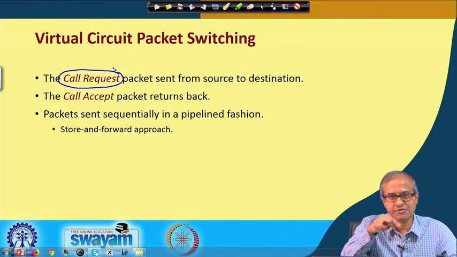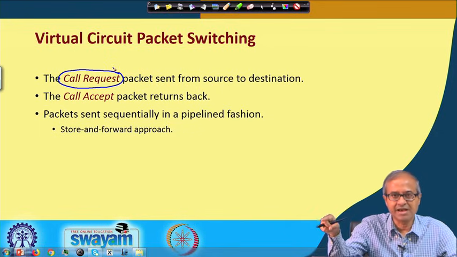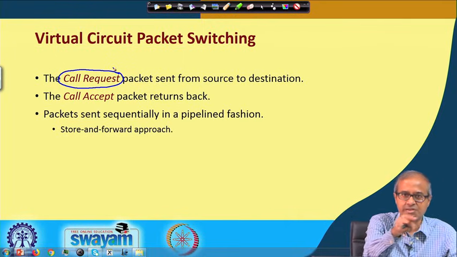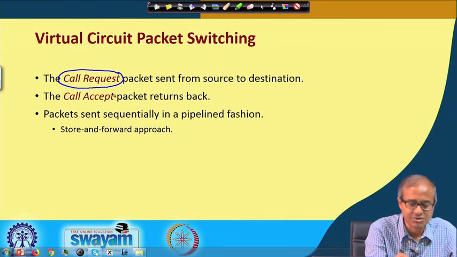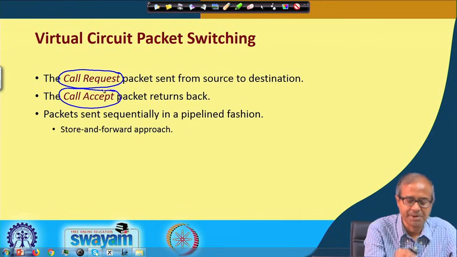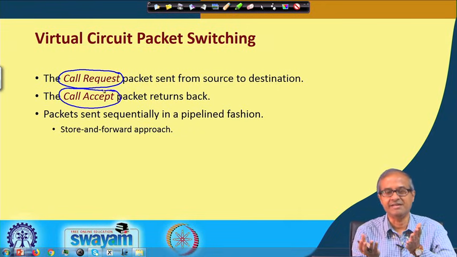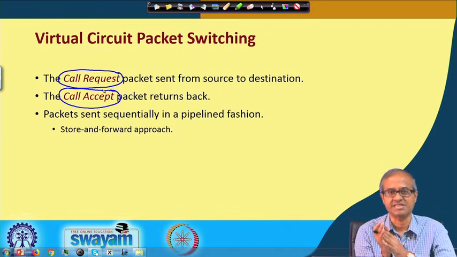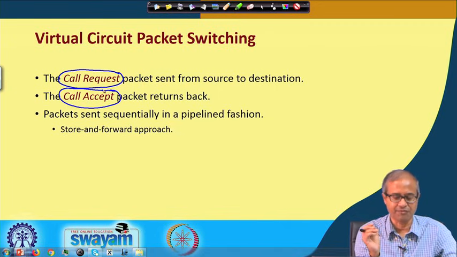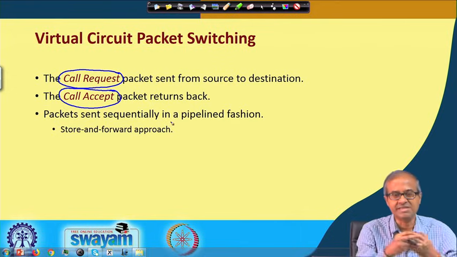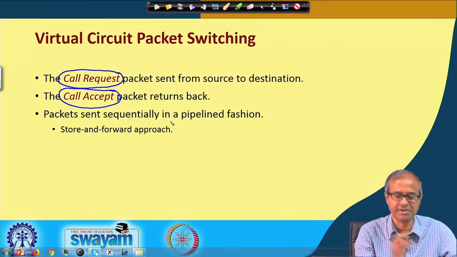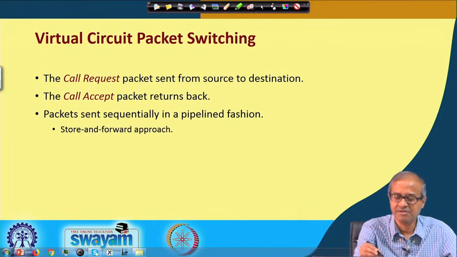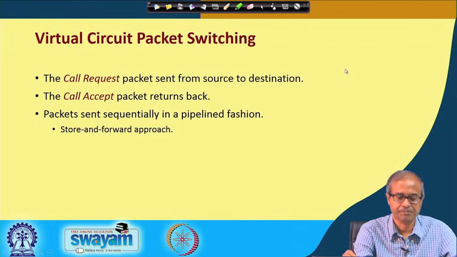Now, once the virtual circuit has been established, an acknowledgement signal or packet will be traversing along the same path back. This is called a call accept packet, so that the sender and all the intermediate nodes will know that the circuit has been established. Now, the packets can flow. Now, the packets can be sent sequentially one after another in a pipeline fashion using store and forward approach. This is how virtual circuit will work.